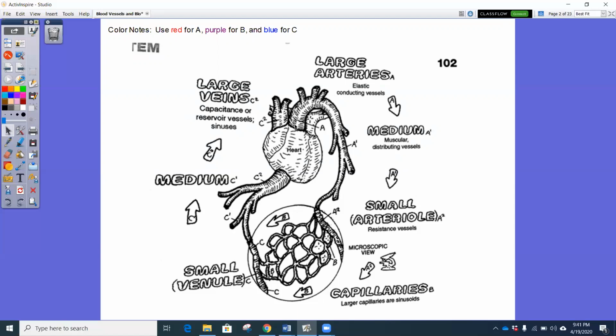Doesn't take nearly the amount of time to send it away from the heart. So what might that mean about the anatomy of the artery in comparison to the anatomy of the vein? All right, if I'm zooming it out of the heart, I'm sending it away from the heart, then it's got to have some extra oomph and some extra layers to be under that pressure and withstand that pressure.